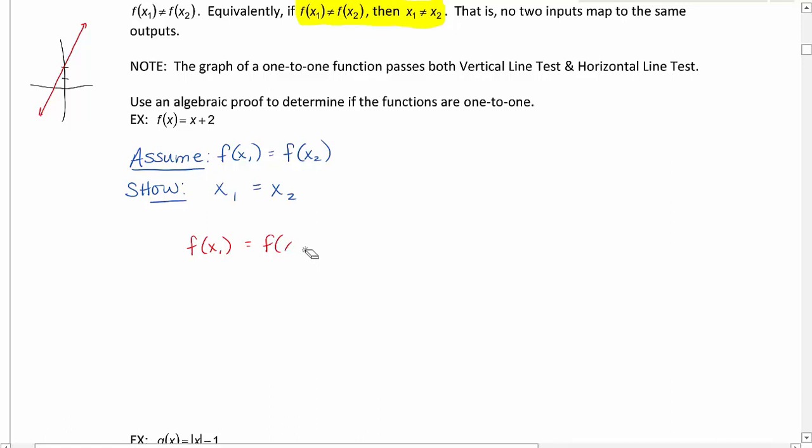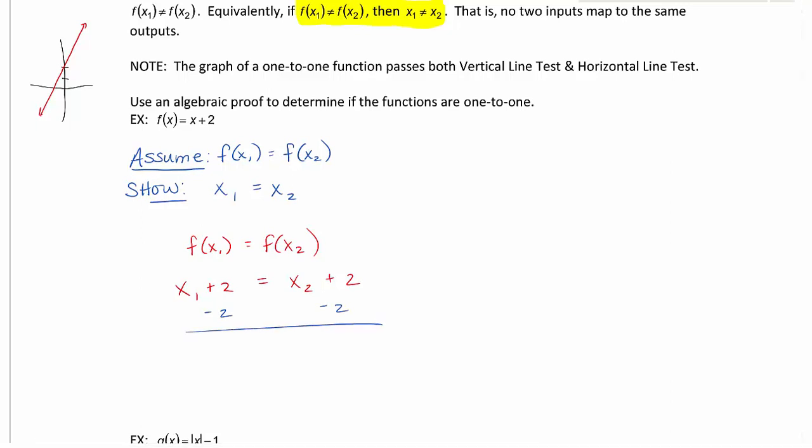Being that our function f of x equals x plus 2, we're going to plug in and now have x1 plus 2 equals x2 plus 2. I'm going to subtract 2 from both sides, totally legal math move, and that's going to leave us with x1 equals x2, which is what we were trying to show.